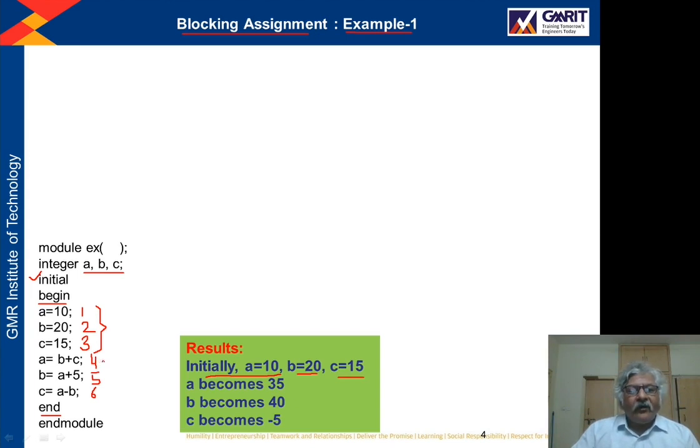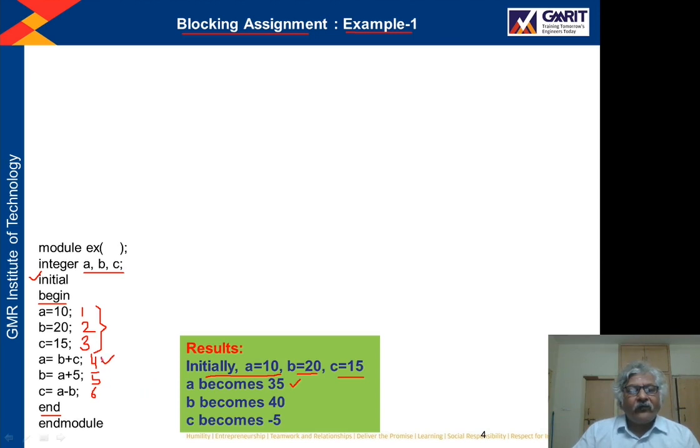Now, when the fourth statement is executed, A is equal to B plus C. Since B is 20 and C is 15, this fourth statement will evaluate B plus C. The result is 35, and 35 will be assigned to A. So A will become 35.